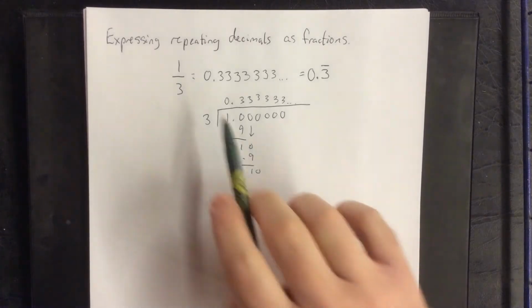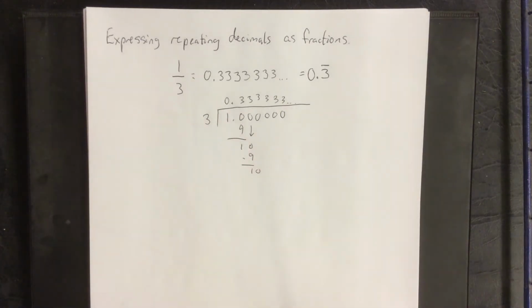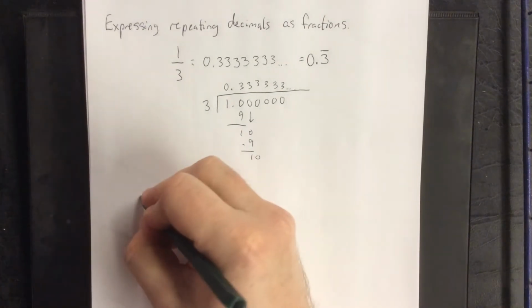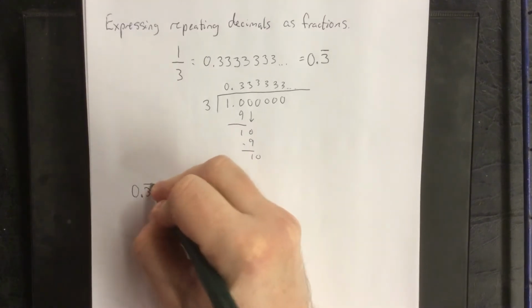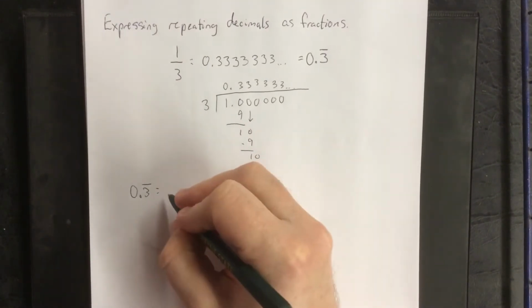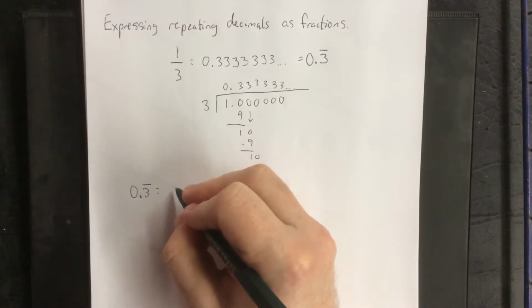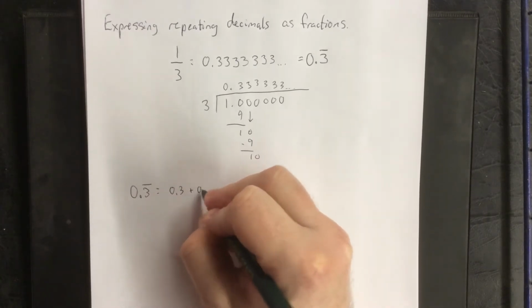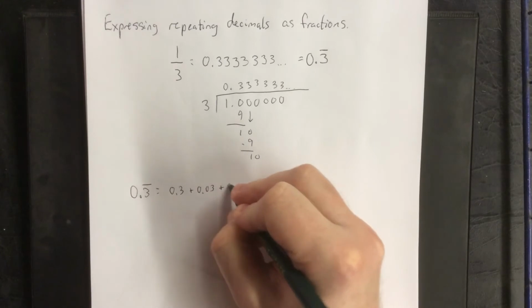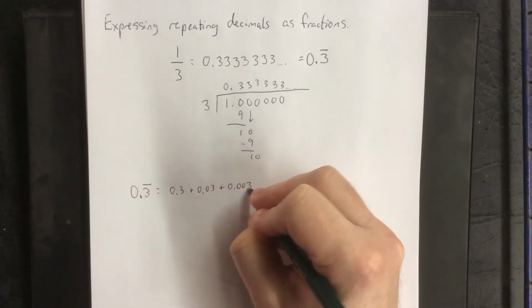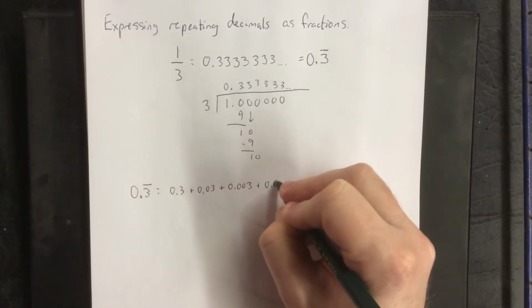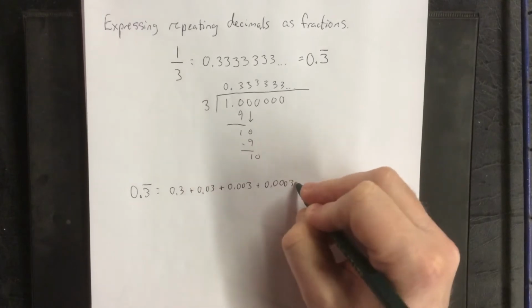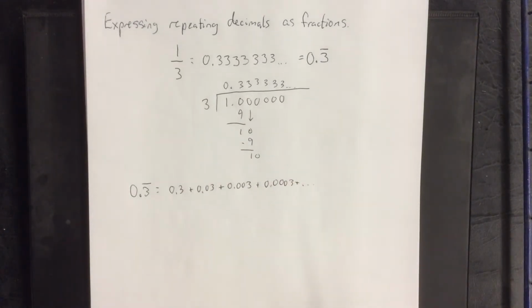Now, when I take a look at the repeating decimal 0.3 repeating, and I express this in terms of its decimal places, this would be considered 0.3 plus 0.03 plus 0.003 plus 0.0003, and so forth and so on.